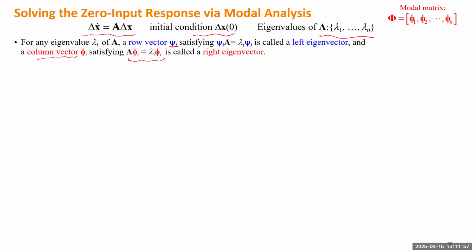This matrix is a square matrix. The matrix formed by the right eigenvectors, the column vectors, is called the modal matrix. Usually in some papers, when they mention the modal matrix, they really mean the matrix formed by all the column eigenvectors, the right eigenvectors. Definitely you can create another matrix with all the row eigenvectors. This is also considered a type of modal matrix, but by default we call the capital phi the modal matrix. Now this is capital psi.